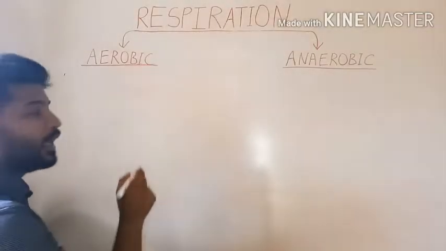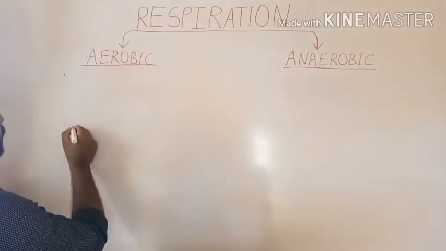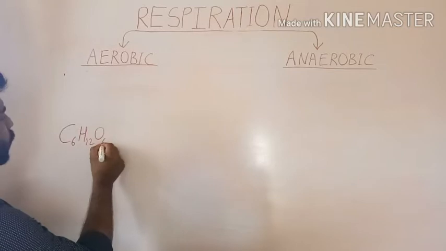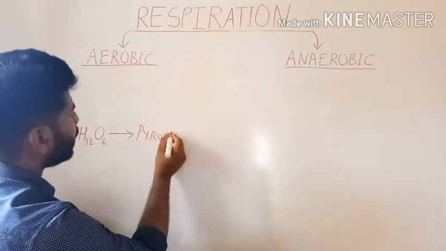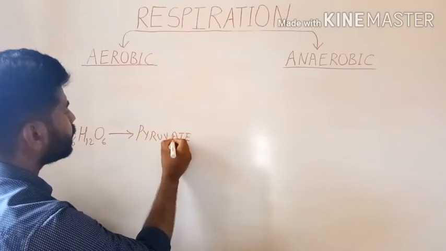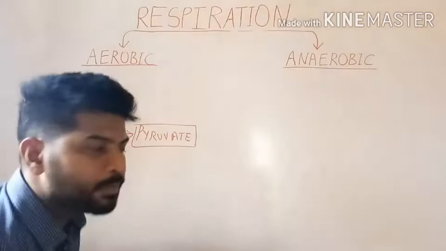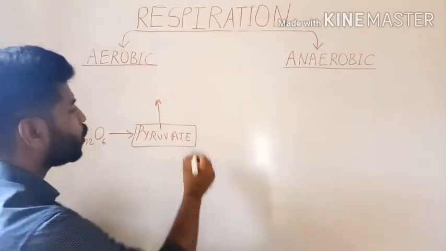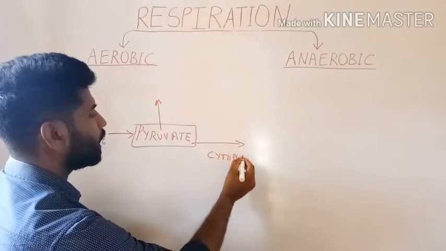In the case of aerobic respiration, our glucose, that is C6H12O6, is first broken down to pyruvate. So this is the first step. This pyruvate can either go to mitochondria or it will remain in the cytoplasm.